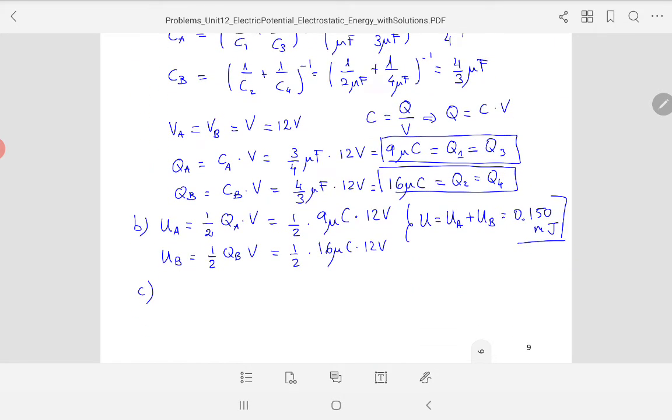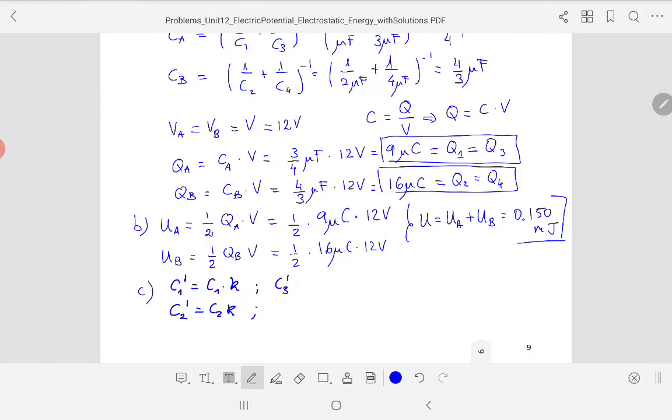So if this dielectric is introduced inside each capacitor, then the new capacitance is going to be the old one times kappa, and this happens for all 4 of them, because all 4 of them have had this dielectric introduced.